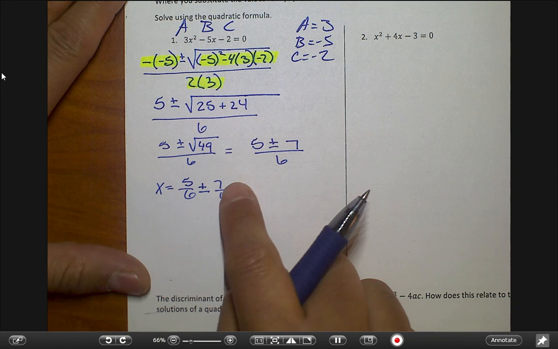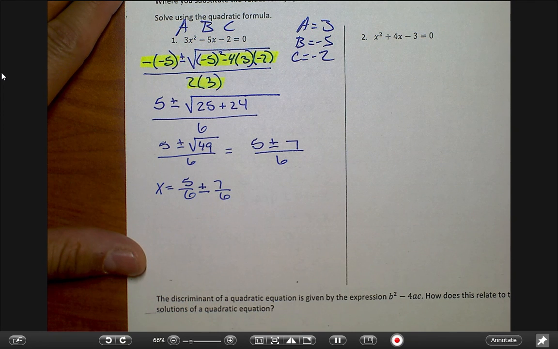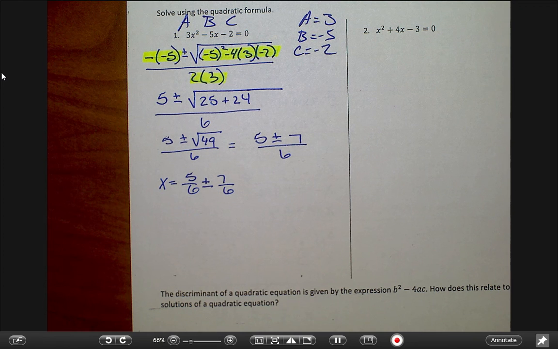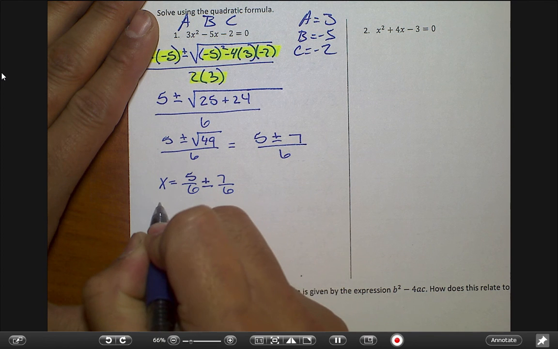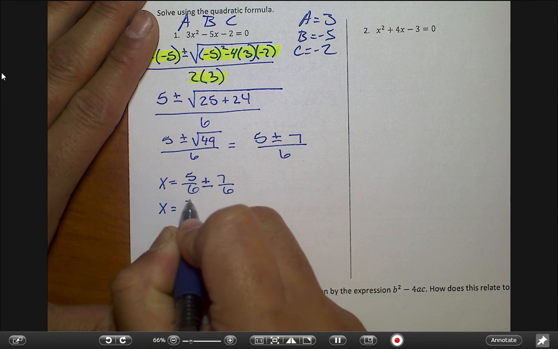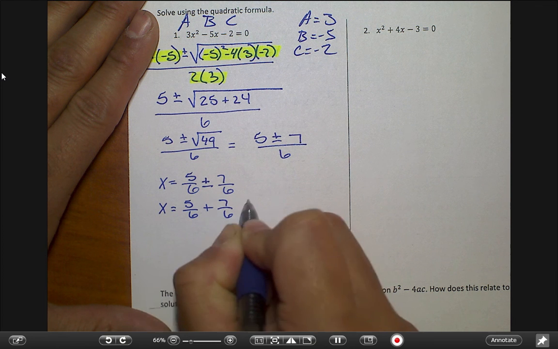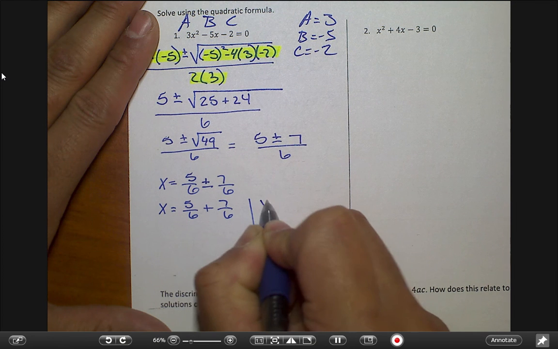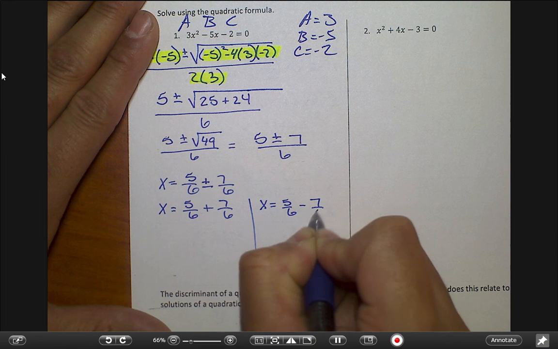If there was a radical here, I would leave it alone. I would just say, hey, that's the answer. But these are all numbers. I could do the math on the numbers. So this is going to give me x equals 5 over 6 plus 7 over 6. And x equals 5 over 6 minus 7 over 6.